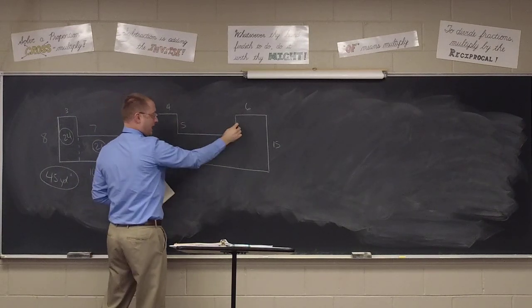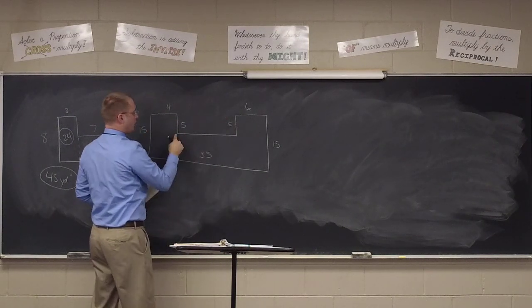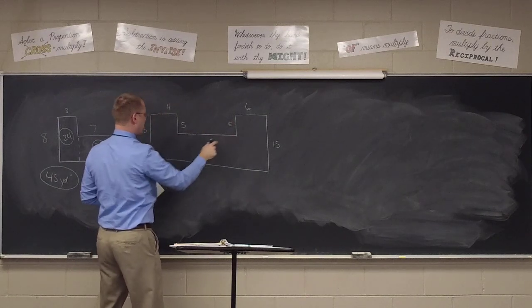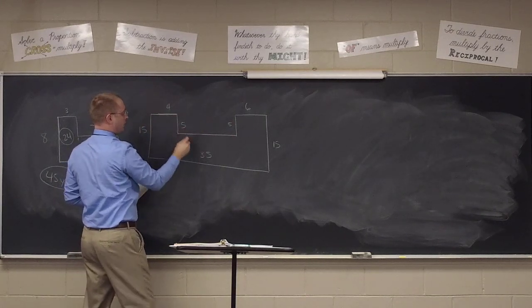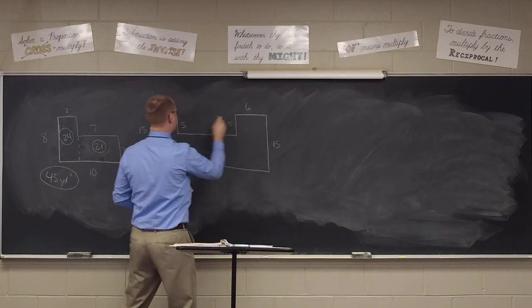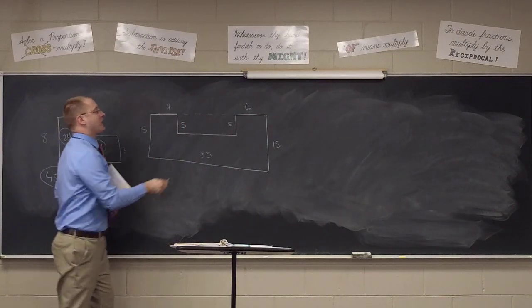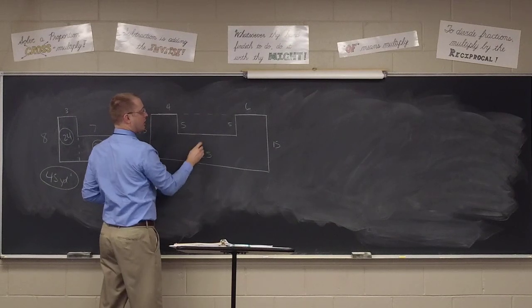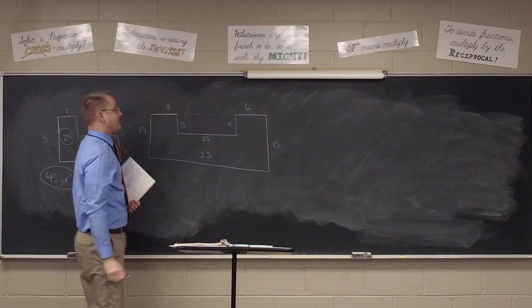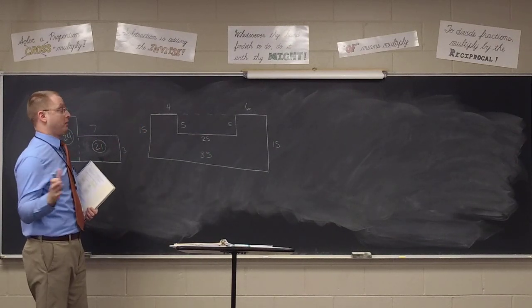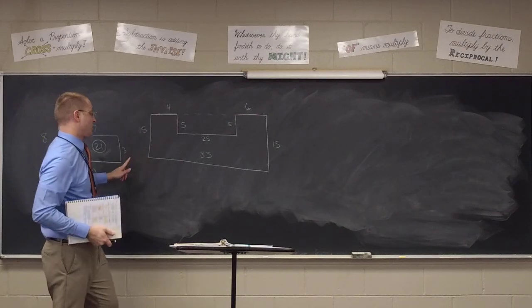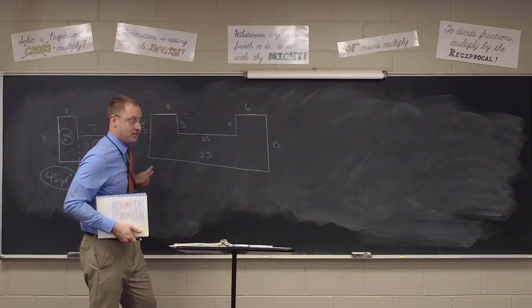So if this is 5, class, how about this piece right here? Well, we've got 4, we've got 6, but all the way across would be 35, right? So that leaves how much right here, Scott? 25. We could label there. Now, one way you could solve the problem, by drawing this line, would be to say the whole thing is 35 by 15.